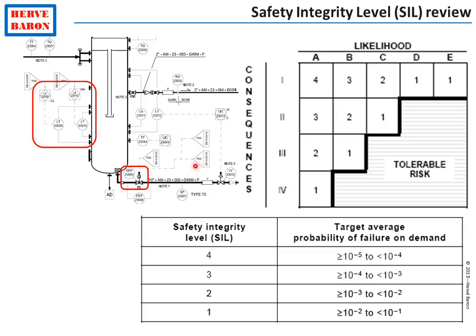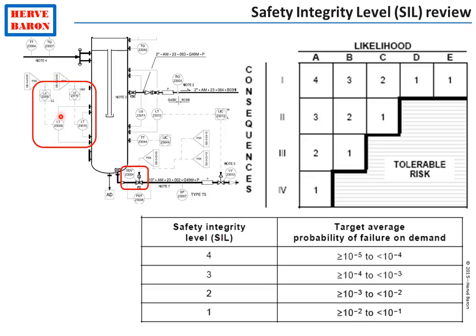If the product of the likelihood and consequence of failure of this control valve is in the tolerable risk area, then this safety instrumented function is not specified a safety integrity level, which is the case for the majority of safety instrumented functions.